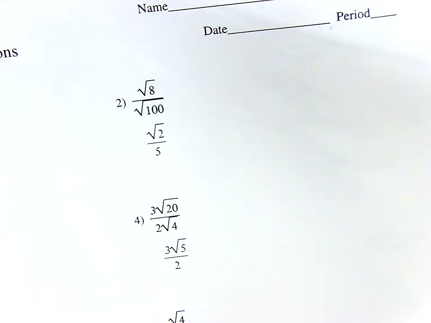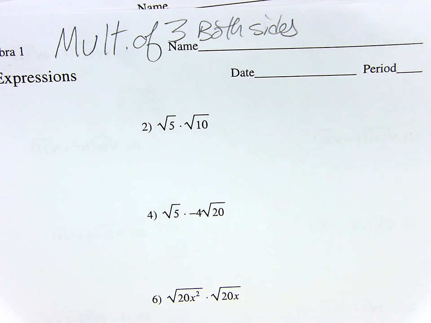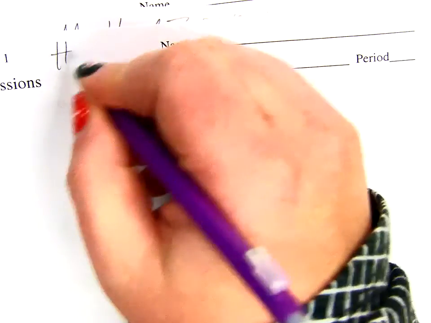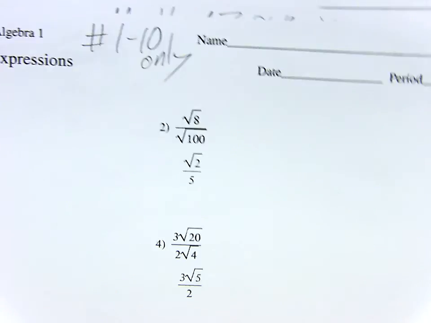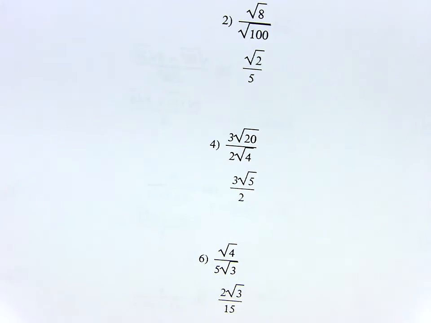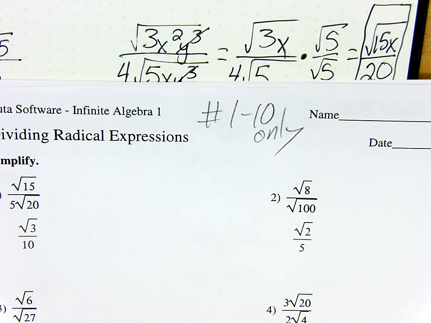And then on the division page, just finish 1 through 10. One through 10 only. Again, we've done a bunch of them, so there shouldn't be too many left. Everybody's got that?